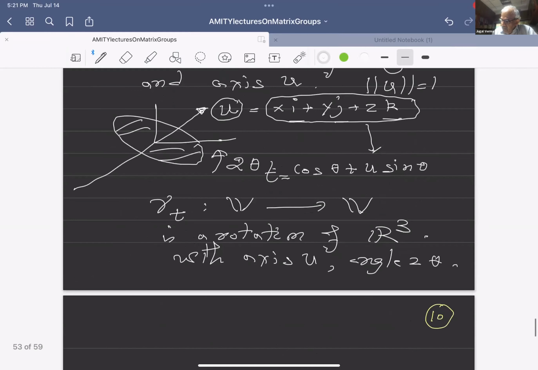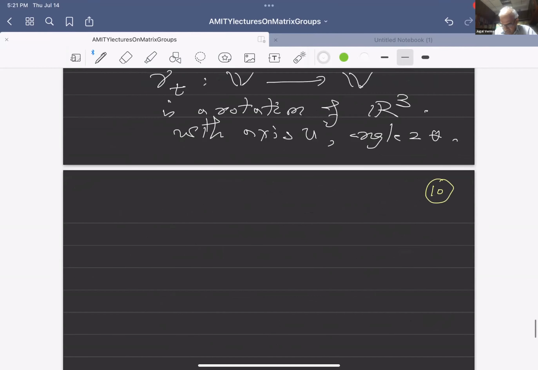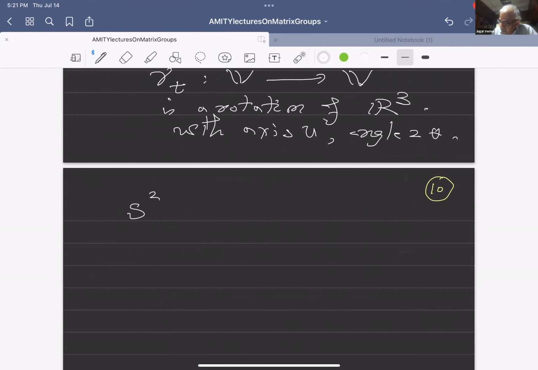So what have we done? S3, remember, is isomorphic to SU2. So I pick a unit quaternion. Selecting a unit quaternion is the same as selecting a matrix in SU2, because this unit quaternion will have 4 coordinates, A, B, C, D, and their sum of squares will be 1.